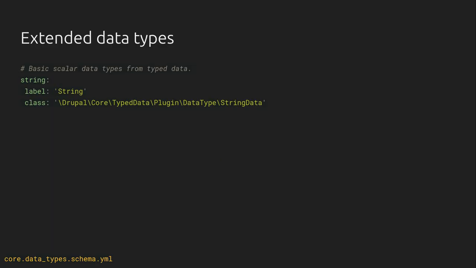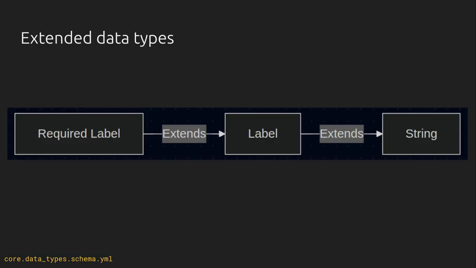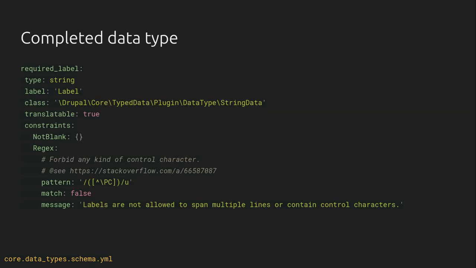So this is on top of this, and on top of that we have the string, which links it to the string data, the type data. So a required label extends a label, extends a string, and when we put this all together, we have a complete data type, which means that our required label is, instead of a type label, actually a type string, like we inherited to get there.